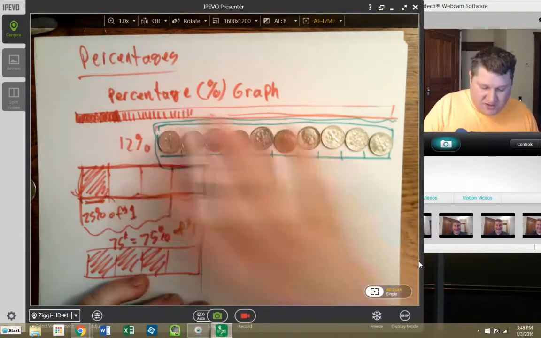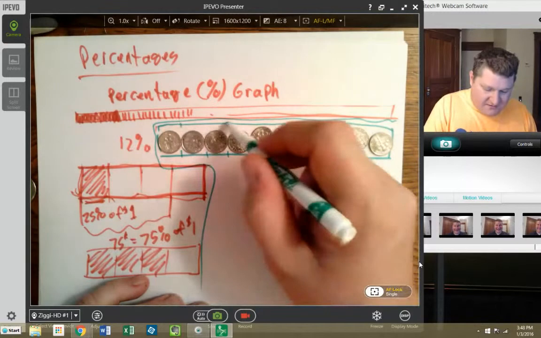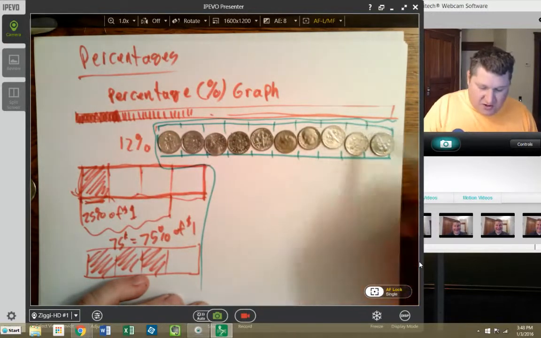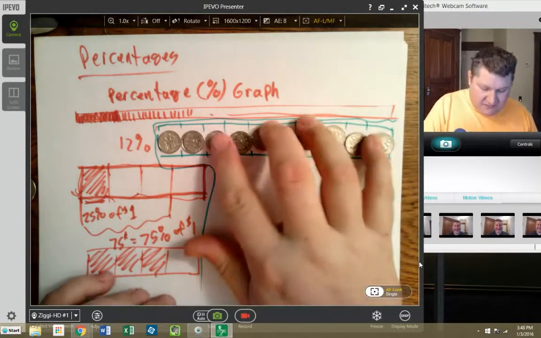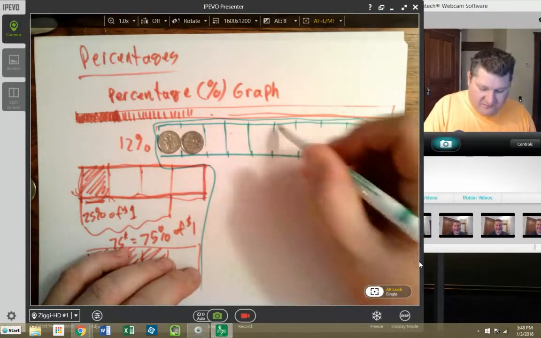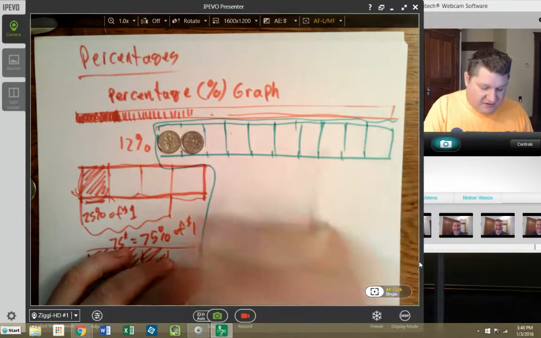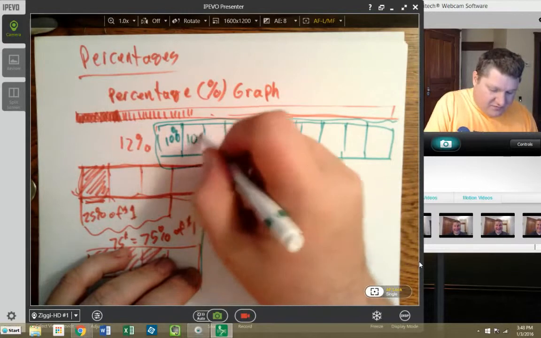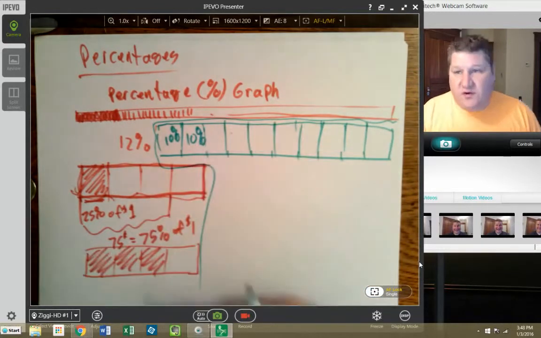Okay. So if I wanted 20%, all I would need to do is say 20 cents. That would be 20% of any given thing. So I split it into 10%, 10%, and that makes a total of 20%.